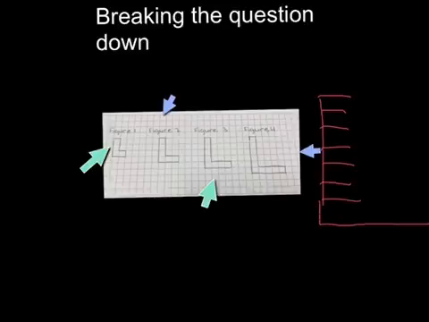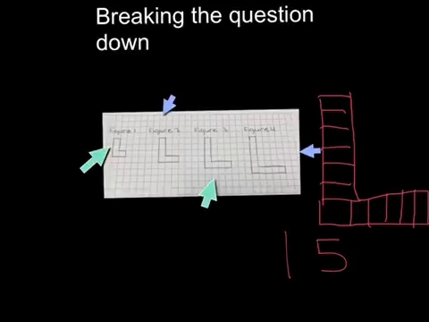And then you're going to draw it out up here and bring it up. And then you're going to have 6 at the bottom. 1, 2, 3, 4, 5, 6. And that would be figure 5.